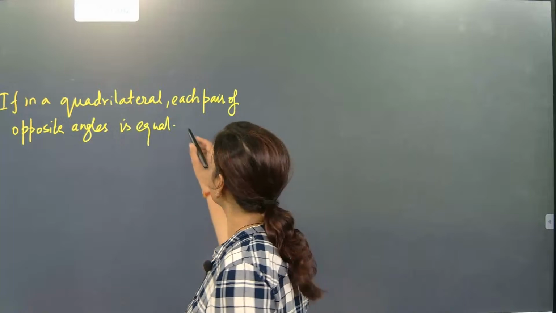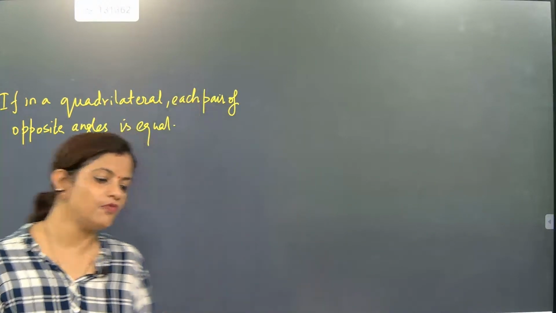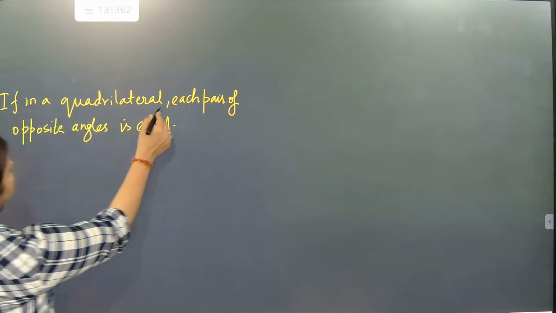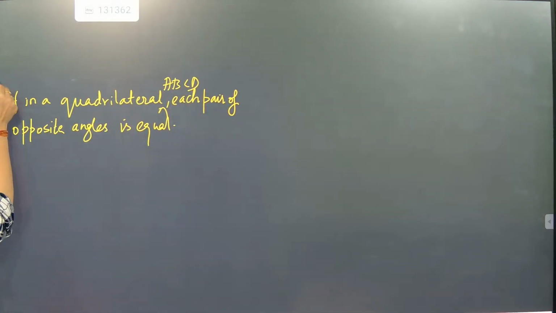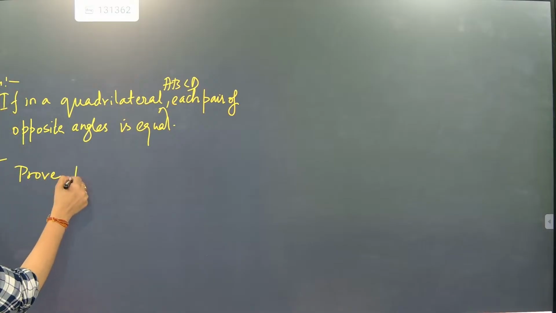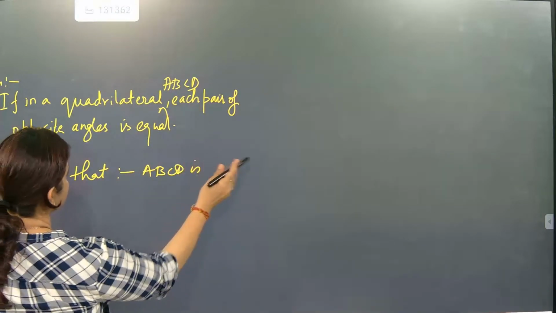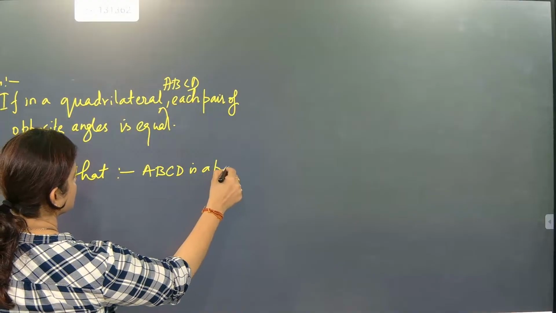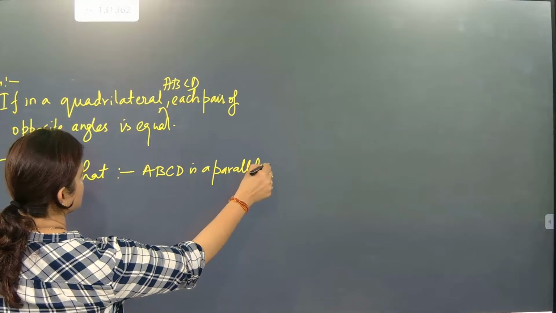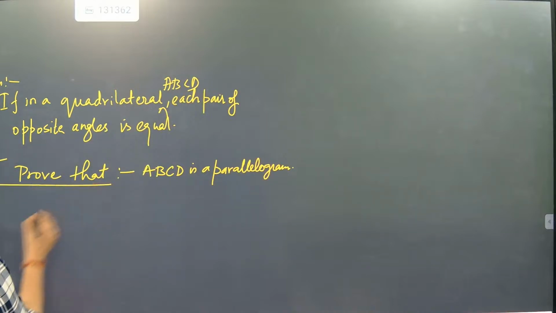Right? Then what we have to prove? Each pair of opposite angles is equal. In a quadrilateral, we will write ABCD. We can use it as the given section. Now what to prove? To prove that ABCD is a parallelogram.